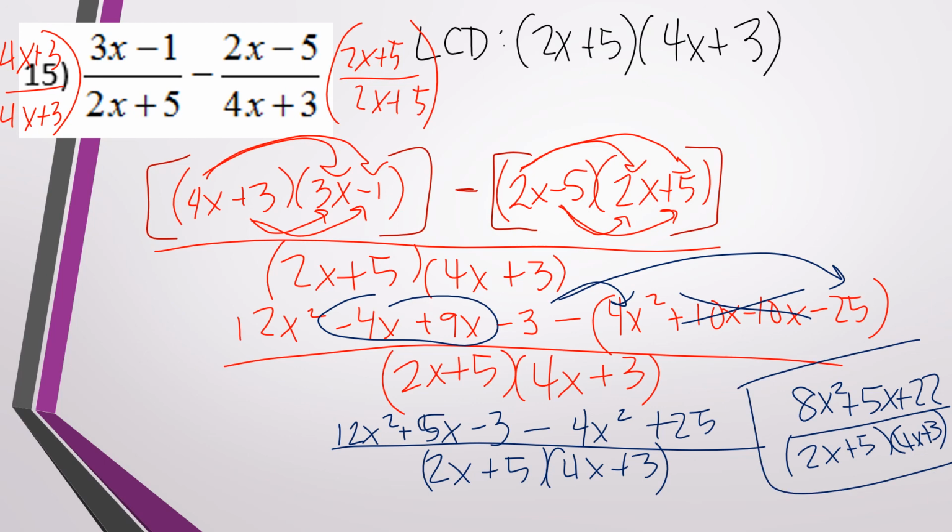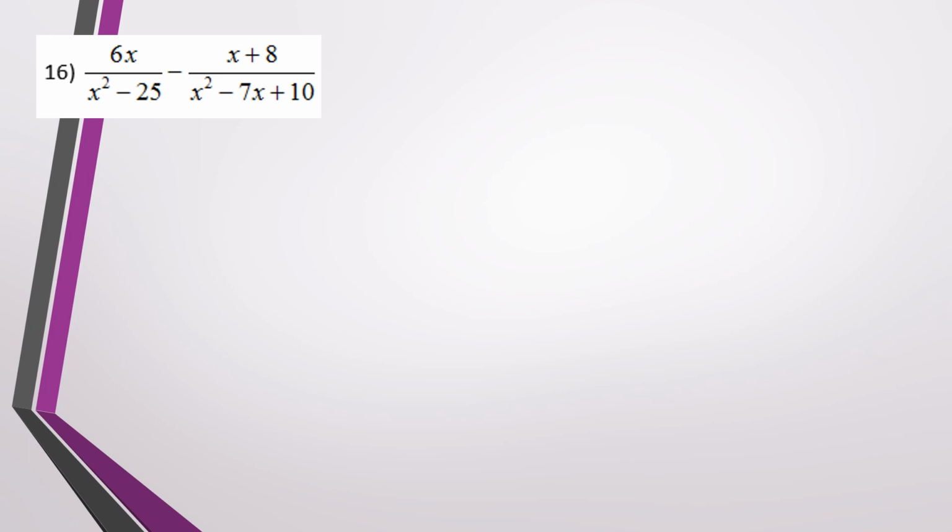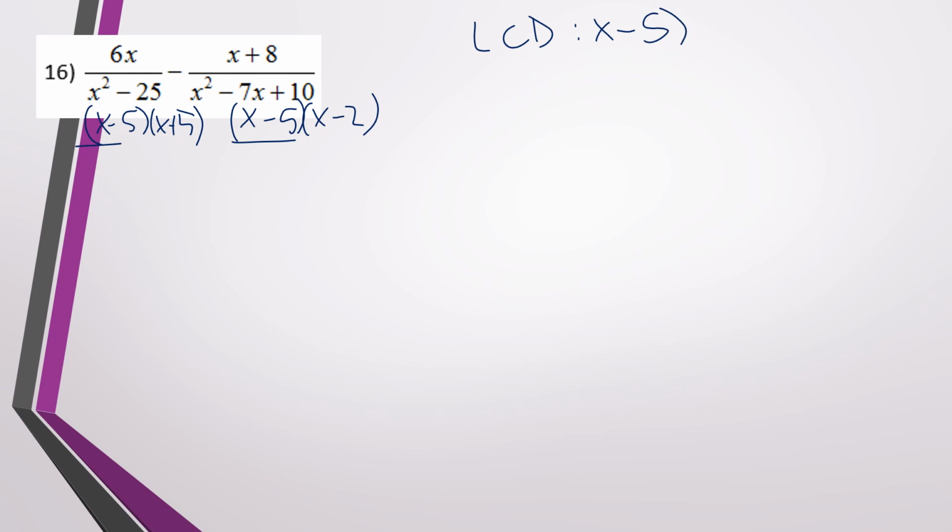And then the last one, so we need to factor. So we would have, let's see, x squared minus 25 is x minus 5, x plus 5. And then this one would be x minus 5, x minus 2. So that means my LCD needs, they both have x minus 5, so that's part of it.